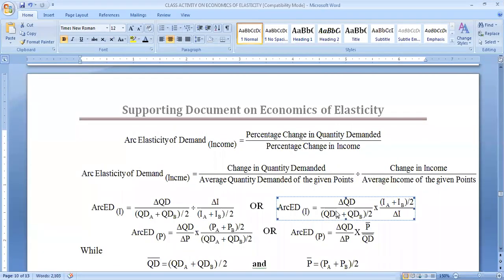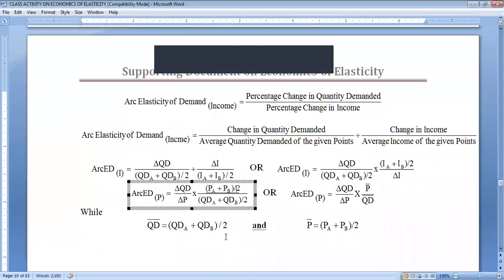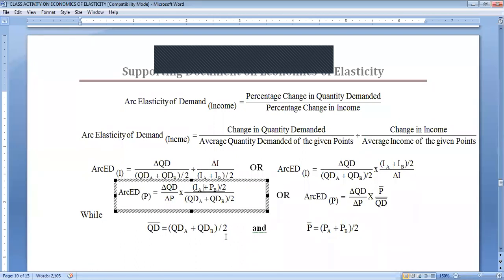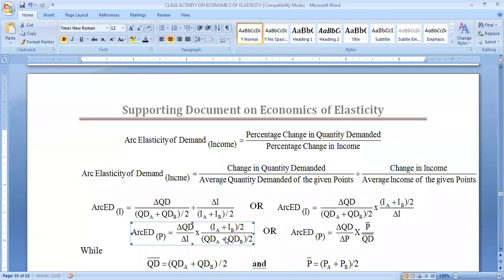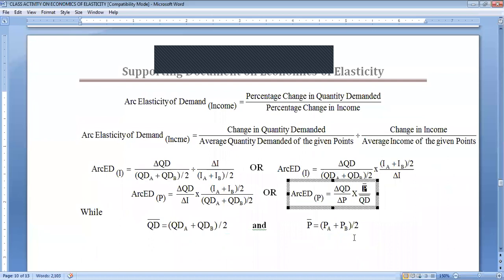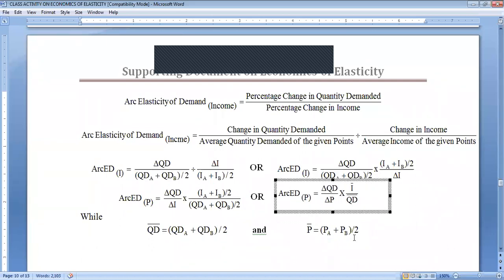So earlier the variable was price, and later on it becomes income. Then the delta terms should be written into one fraction, and the terms without delta should be written separately. So P bar should be written as I bar, and delta P should be written as delta I.